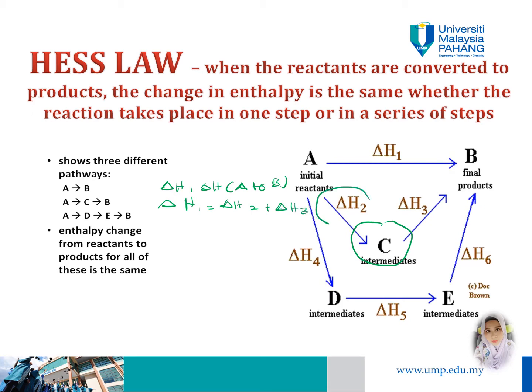And the third one, we have intermediates D and E, where delta H1 is equal to delta H4 plus delta H5 plus delta H6.